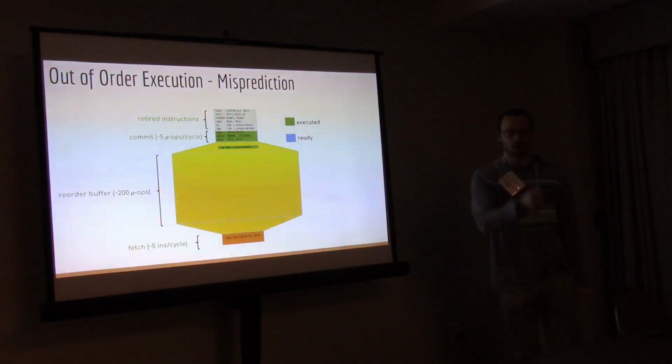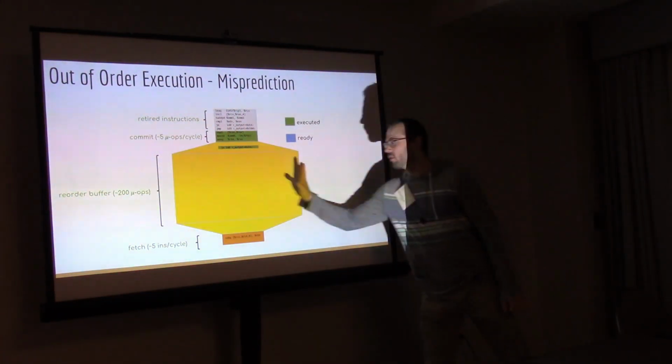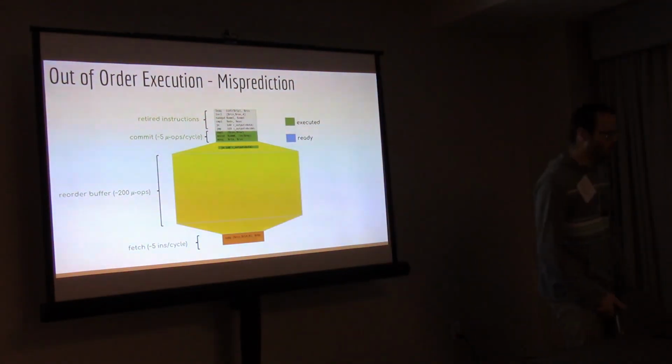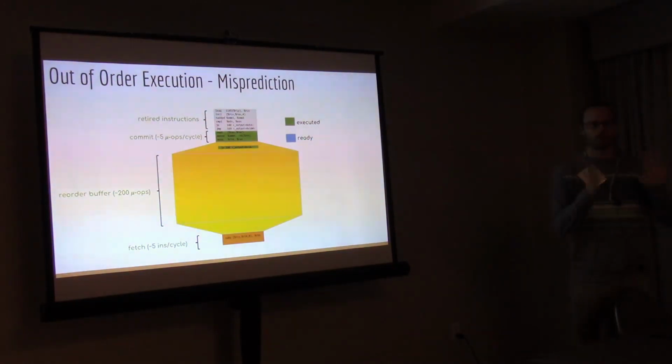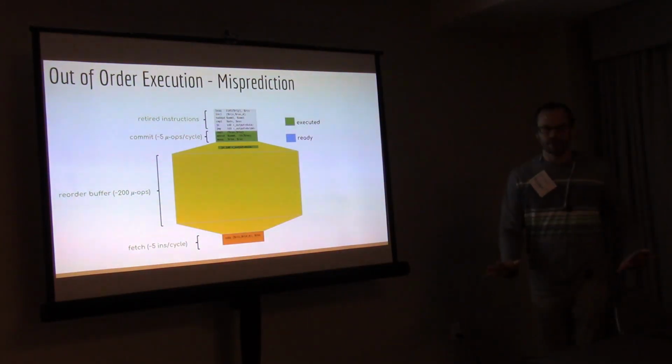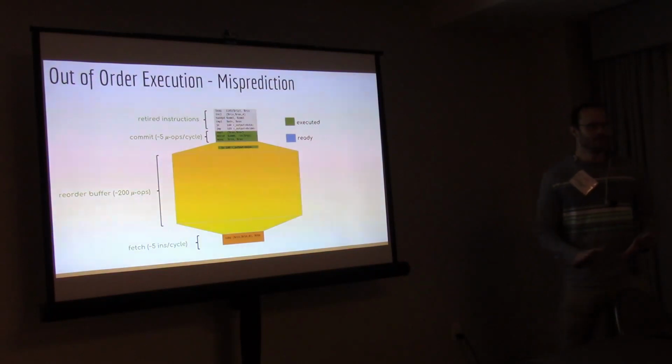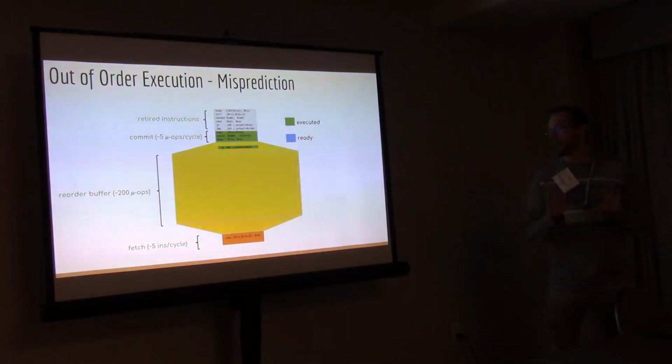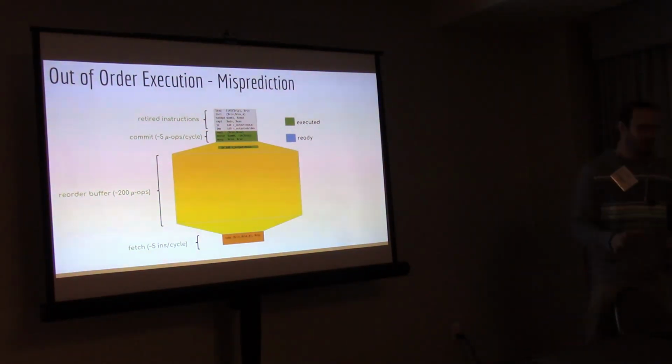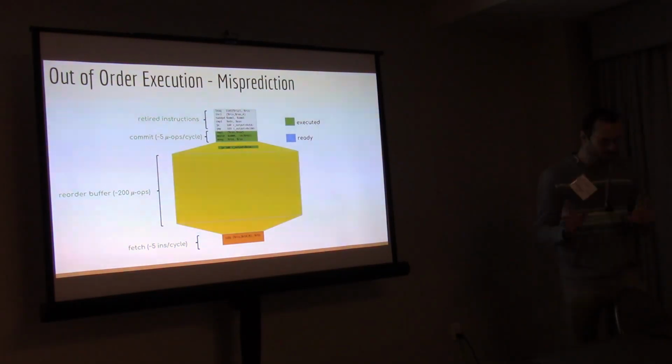And if it was incorrect, an incorrect branch prediction, all of the stuff in the reorder buffer is thrown away. Well, in theory. We don't know exactly how it works, they won't tell us, but in theory it throws away everything in the reorder buffer. Nobody saw anything, it's all fine, Vegas rules, what happened in speculation stays in speculation. But again, something leaked out, right? It's through the microarchitectural state, and that's the real problem.